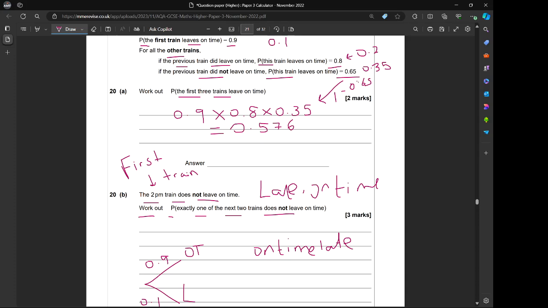So we're gonna do 0.35 times 0.65, plus, oh wait, sorry. So let me just think for a second here. Okay, late and on time and late.